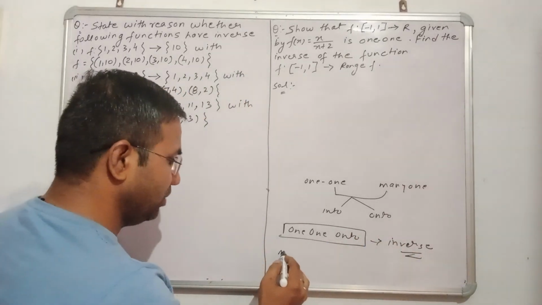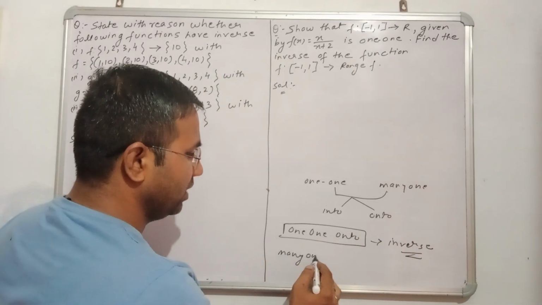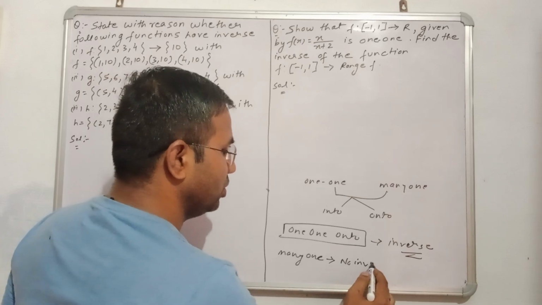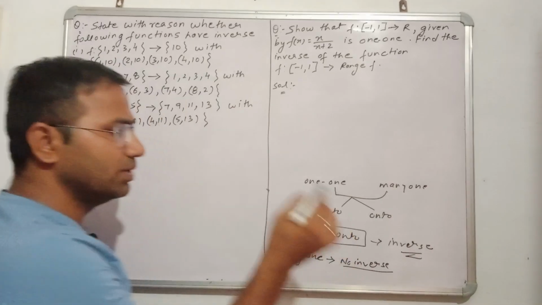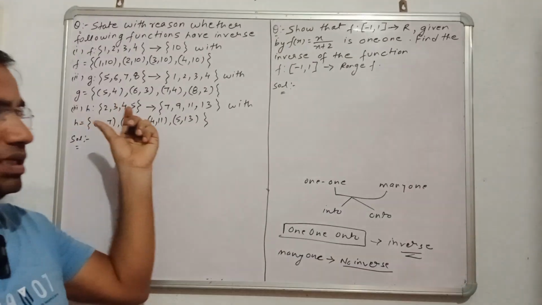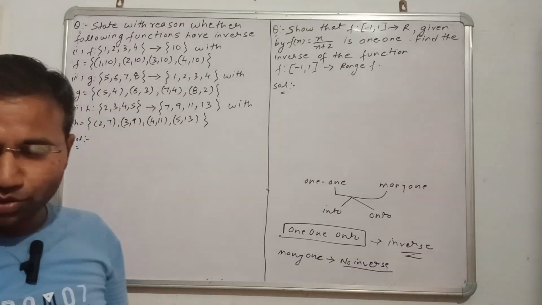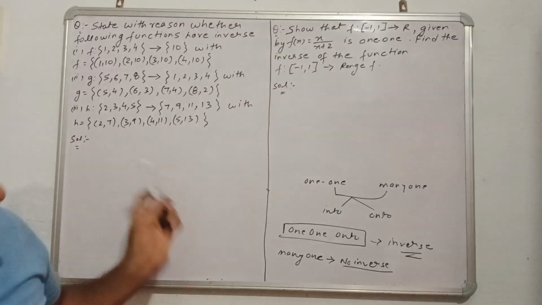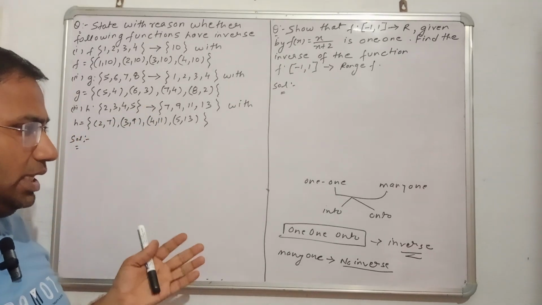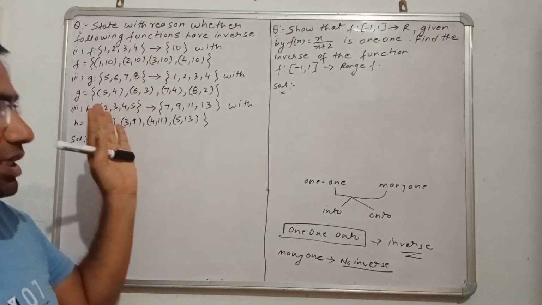If any function is many-one, then no inverse will be there for that function. So here we will check which type the function is. If you know the type of the given function, then you can tell whether there is an inverse or not.